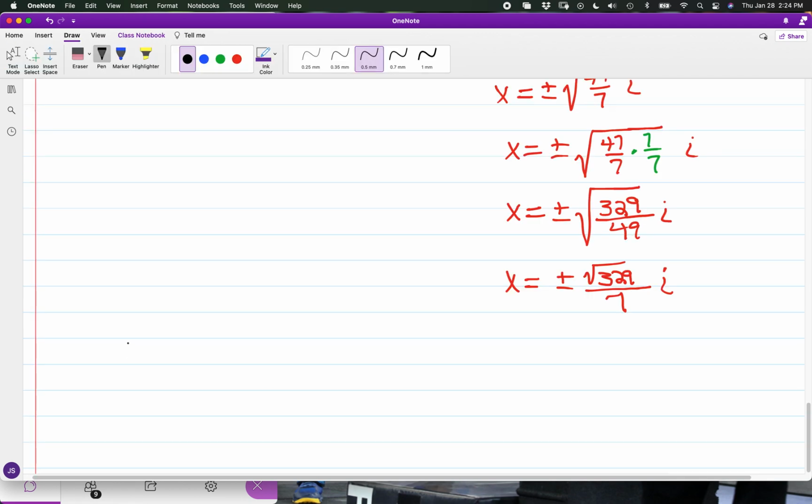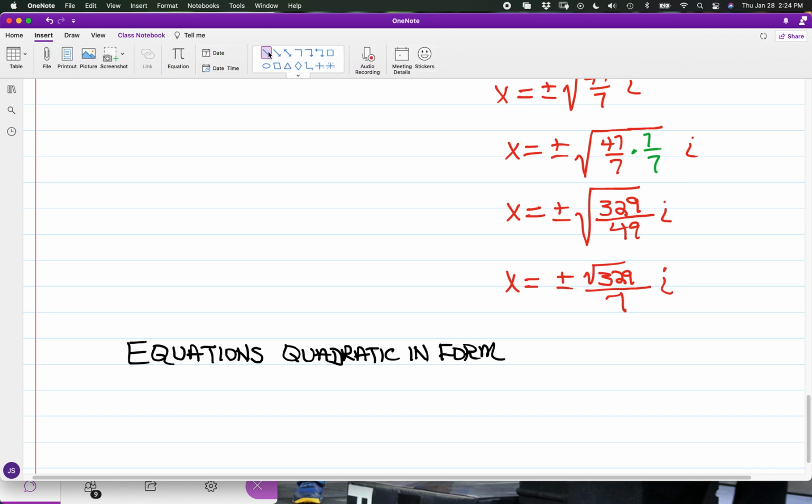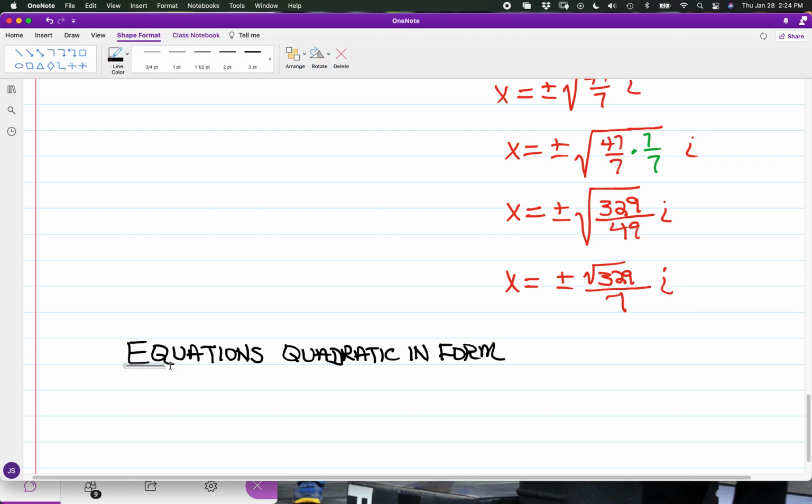We have among the varieties what will be referred to as equations quadratic in form. Not quadratic equations per se, but they will likely be of other degrees.